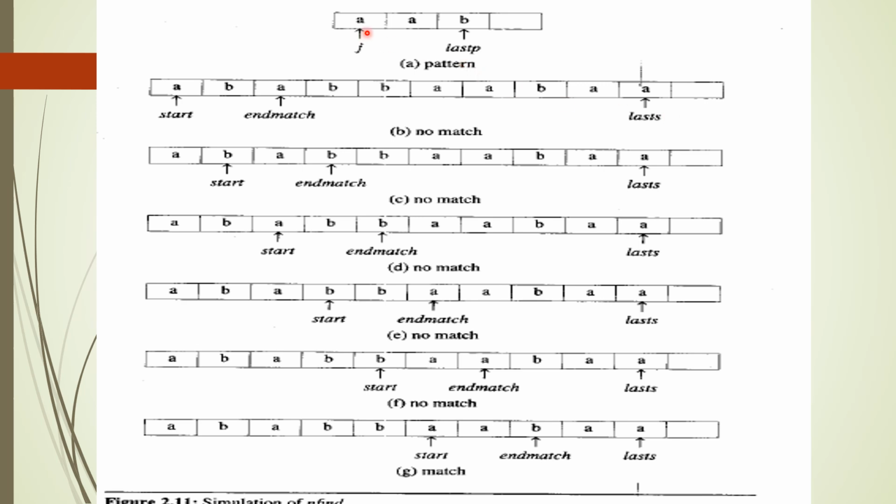Here the pattern string is AAB and the text string is ABABBAABAA. Now your job is to check whether the pattern AAB is present in this text string or not.